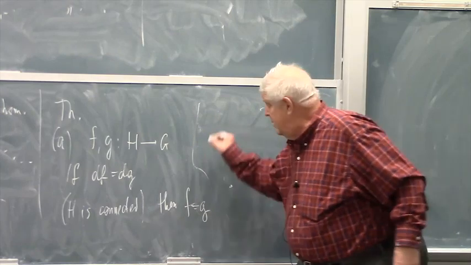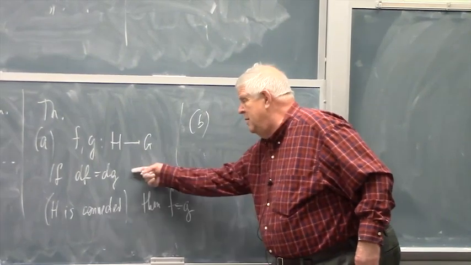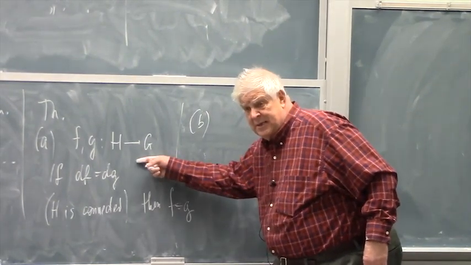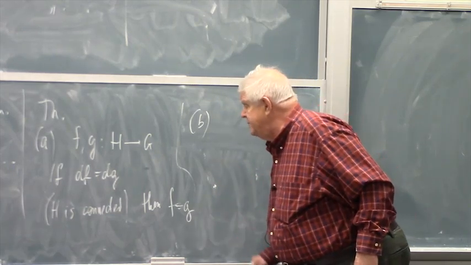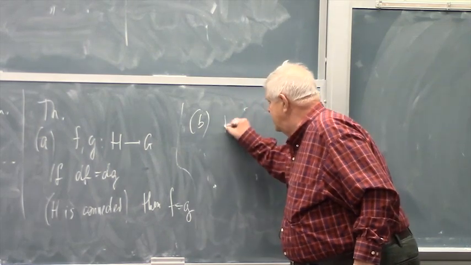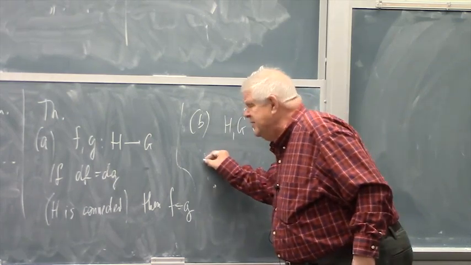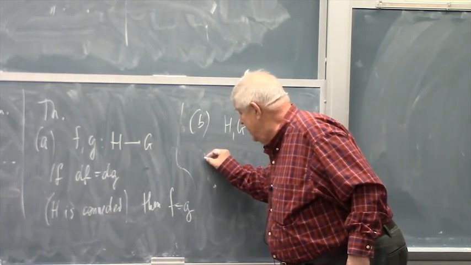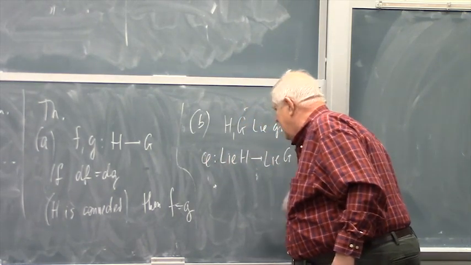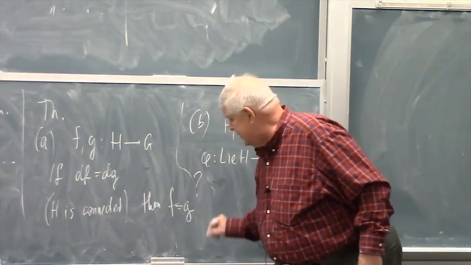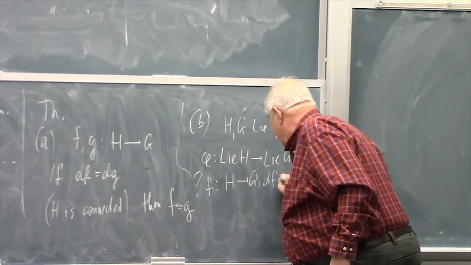Let me first formulate part B, and then I will give a proof of both. A is several words. B is more involved. That is, if I have two Lie groups, and they have some homomorphism, phi, then my problem is I want to construct a Lie homomorphism f from H into G such that df is phi.